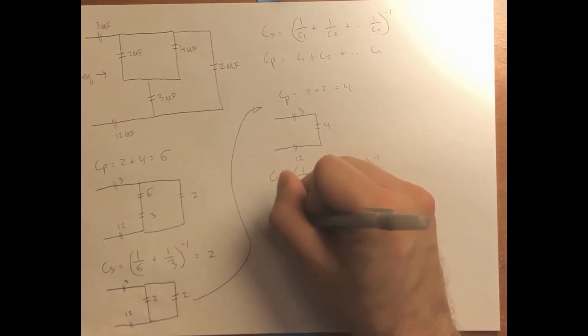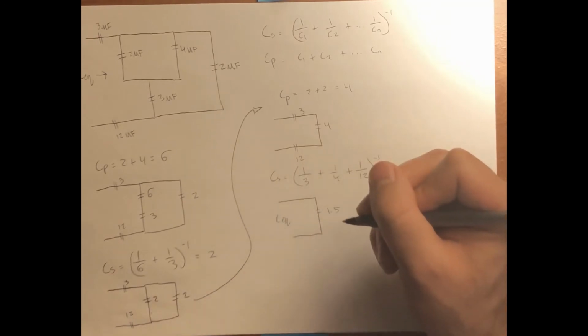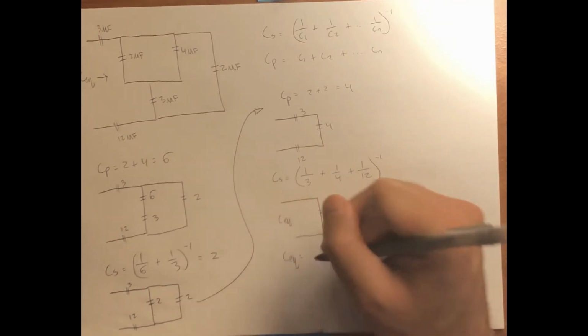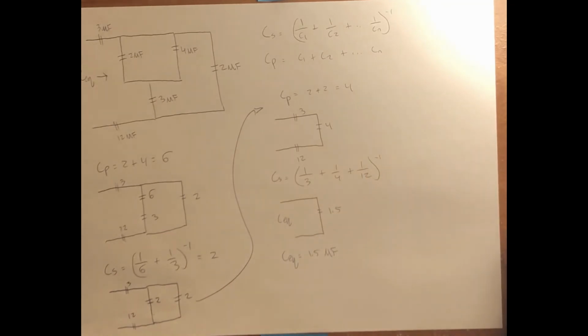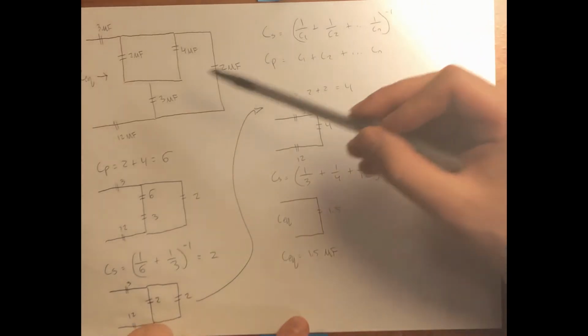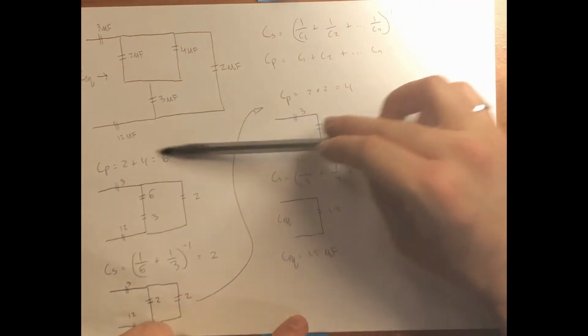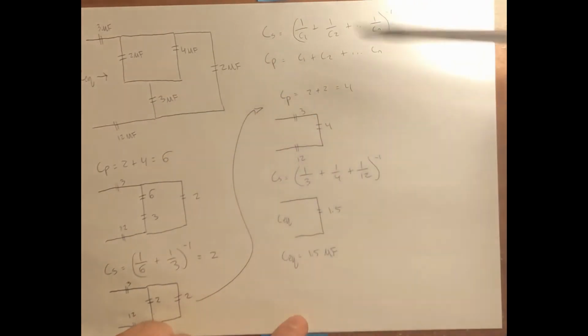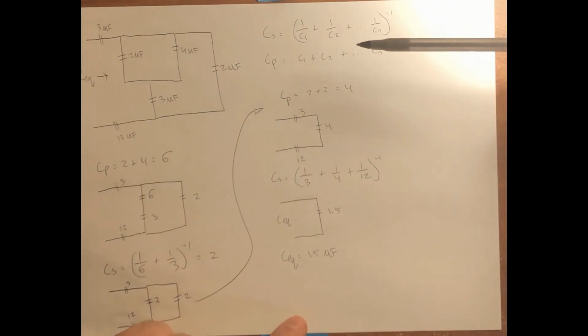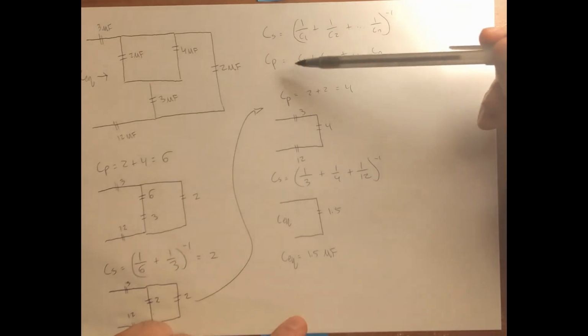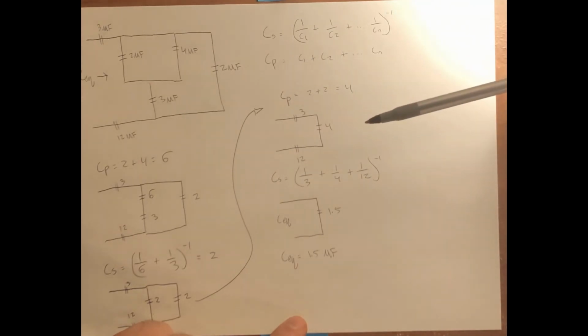This is just equal to Ceq, so Ceq equals 1.5 microfarads. To recap, when looking at a combination of capacitors, capacitors in series act like resistors in parallel, and capacitors in parallel act like resistors in series.